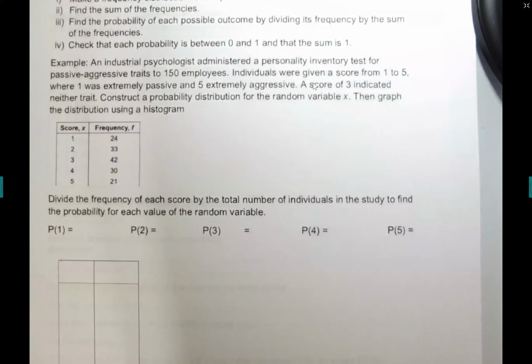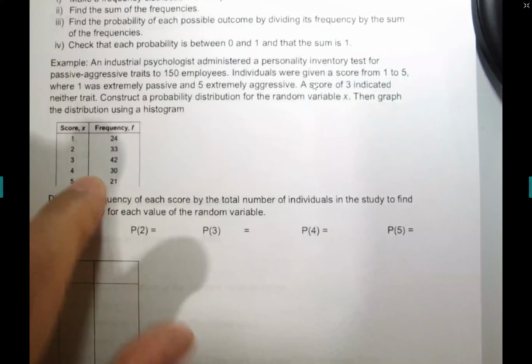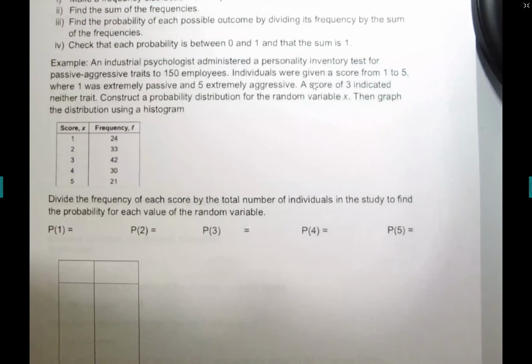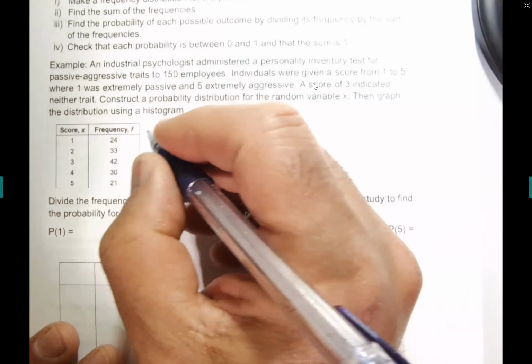Let me ask you a few questions. You have this table, guys, and you learned about empirical probability in chapter 3. If I ask you, what is the probability of selecting an employee who had a score of 1? How would you figure this out from the table? Is it 24 over 150? Exactly.